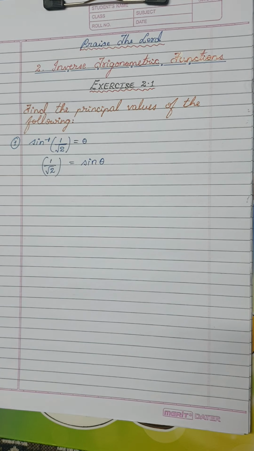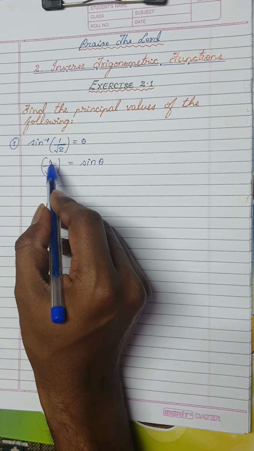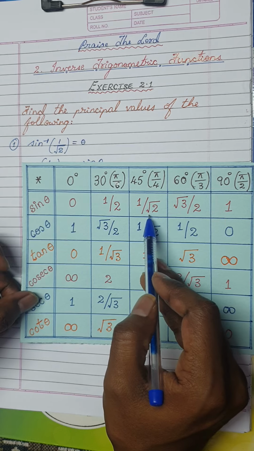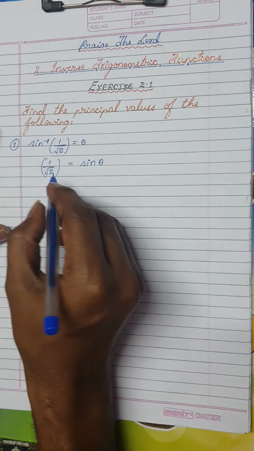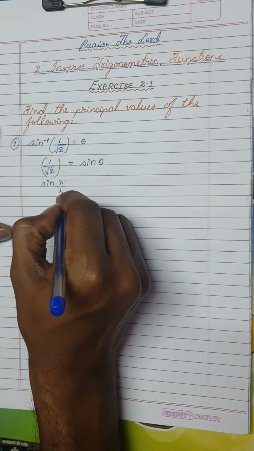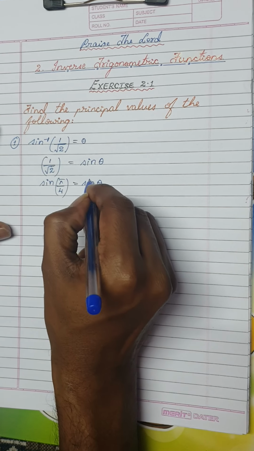Okay, now you have to check whether this 1 by root 2 is a standard angle for sine. We can see here 1 by root 2 is nothing but sine 45 degrees, or sine pi by 4. So this 1 by root 2 can be written as sine pi by 4, which is nothing but sine theta.